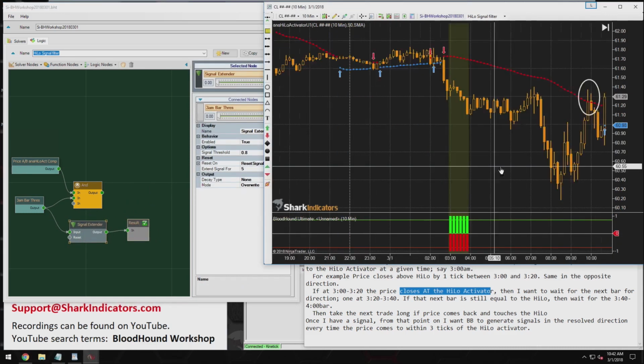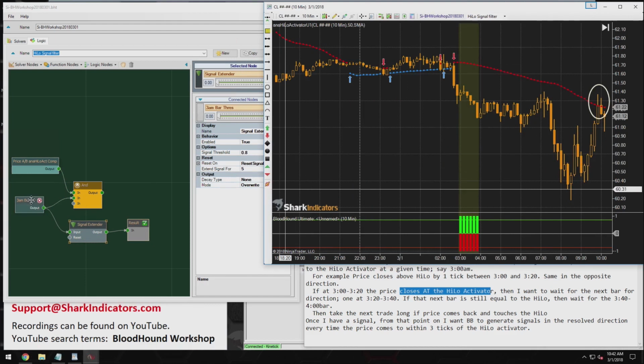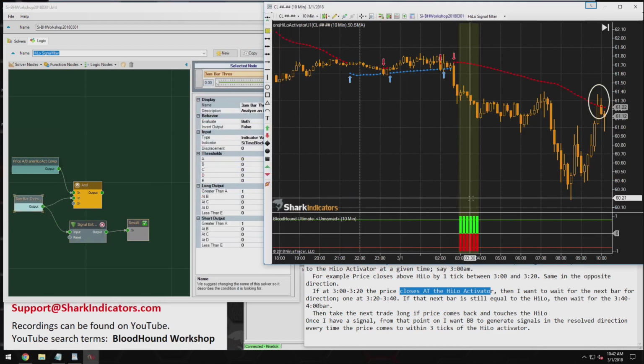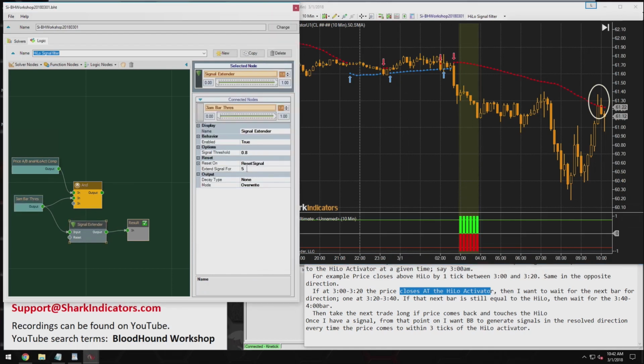Now we've taken our 3 a.m. bar signal and we can extend it out as long as necessary. I'm sure 5 bars ought to be plenty. I'm sure price is going to move off the high-low indicator after 5 bars; that would be pretty extraordinary if it didn't. So we have signals extended forward for 5 bars.